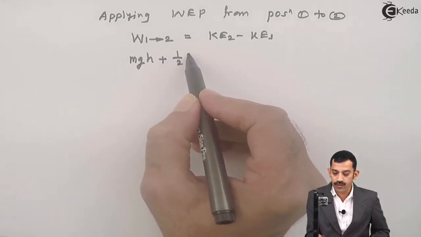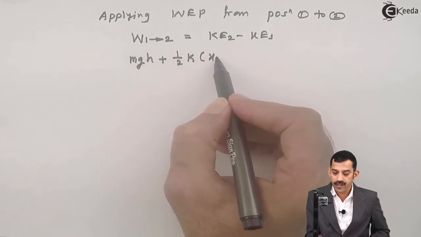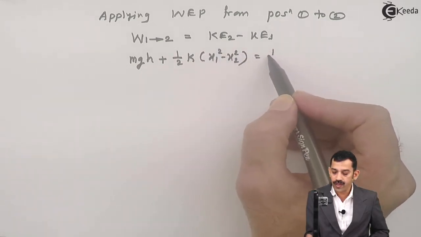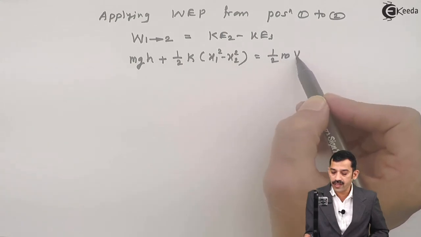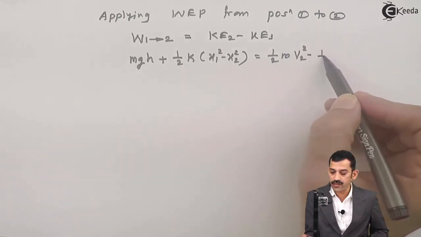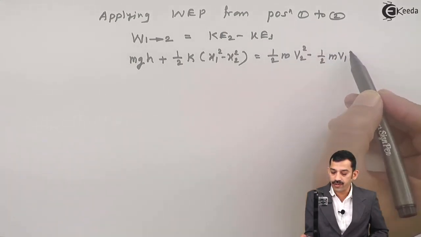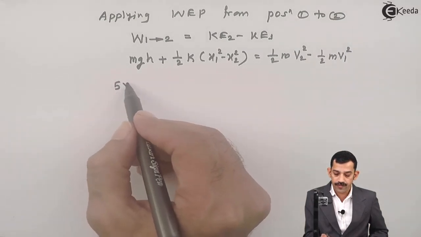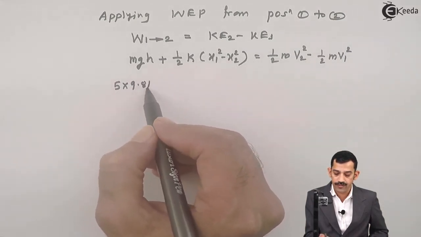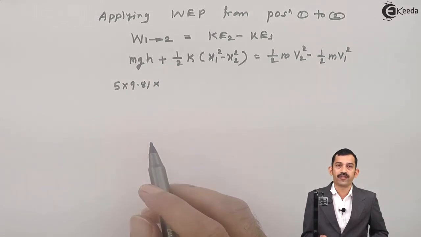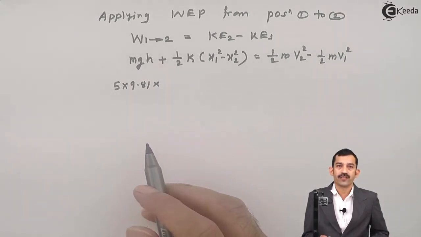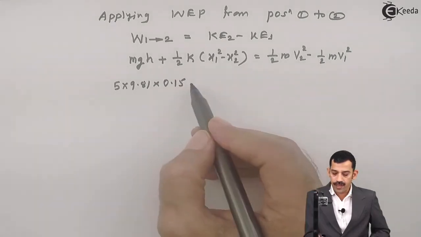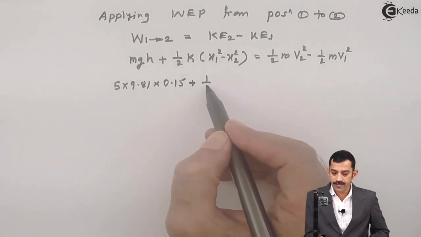The work done by spring force is half k times x1 square minus x2 square, equal to half m V2 square minus half m V1 square for kinetic energy. The mass of this ball is given as 5 kg, g is 9.81, and the vertical displacement is 15 centimeters, therefore 0.15, plus half.